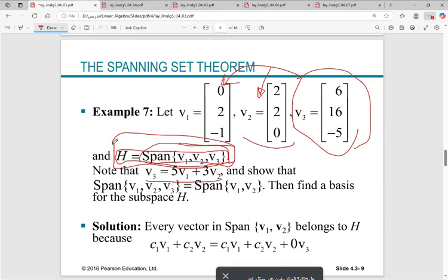So these two vectors, V1 and V2, satisfy both conditions that we are looking for. V1 and V2 satisfy both conditions of a basis. So they form a basis, right? So a basis for H consists of V1 and V2.